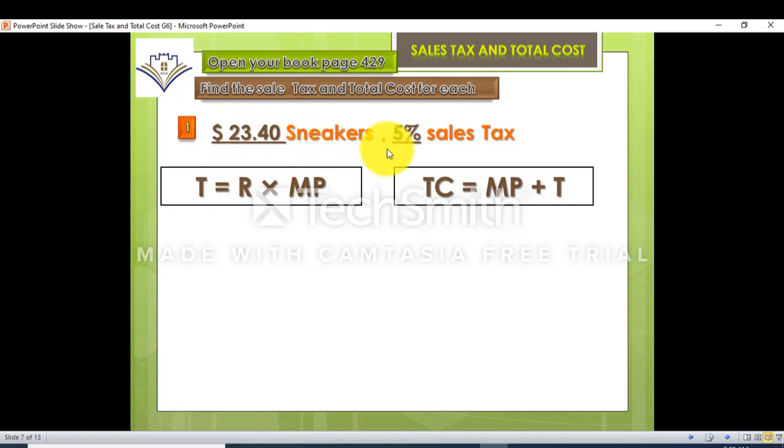$23.40 sneakers and 5% sales tax. Here 5% is the rate of sales tax, and 23.40 is the price of the sneakers.